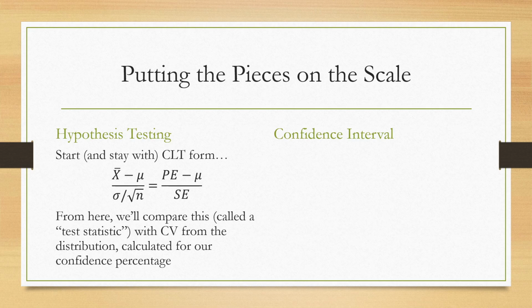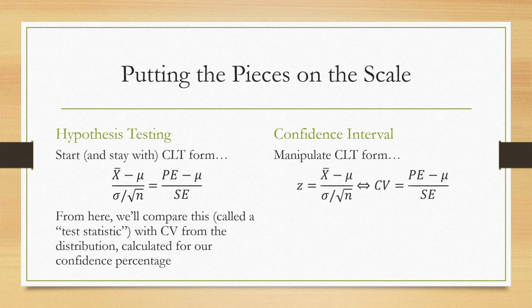Now, the confidence interval is going to start at the same place, but it's going to work the equation from the central limit theorem backwards. So it starts with the same equation, that is this test statistic equals a value on the standard normal distribution, this kind of critical value.